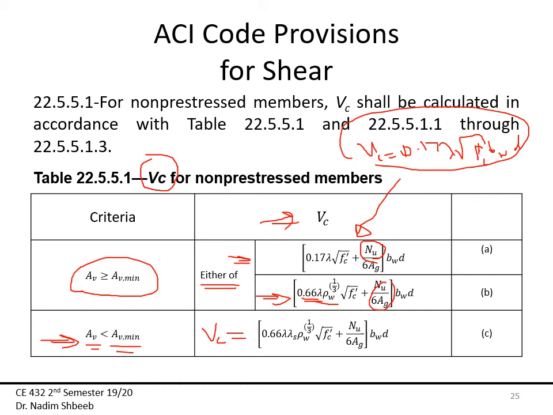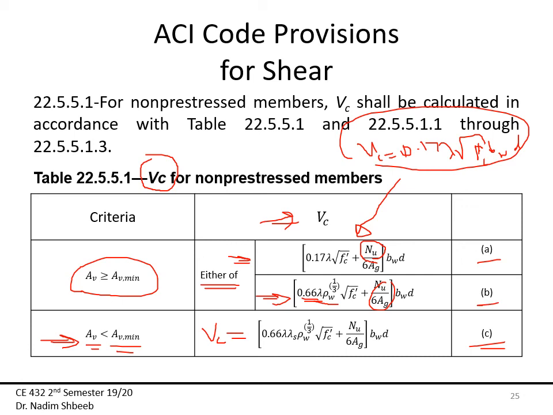So it stops being the simple equation, so we don't use that again, and instead we are using this equation, which we call equation C. So equations A and B are only valid for when reinforcement is required.